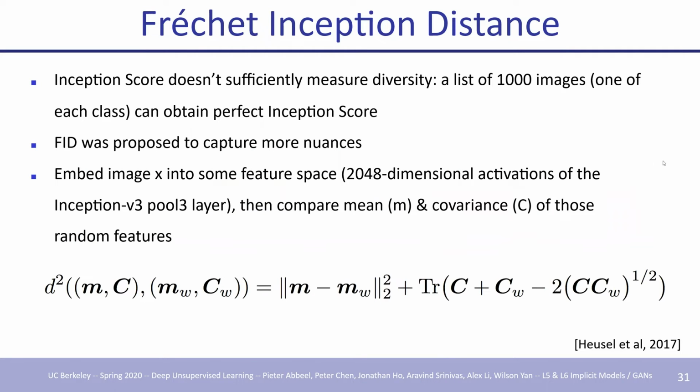Okay, and this is another one that also comes off of inception. The previous score has some problems: if you just create one image from each class, it can do really well.